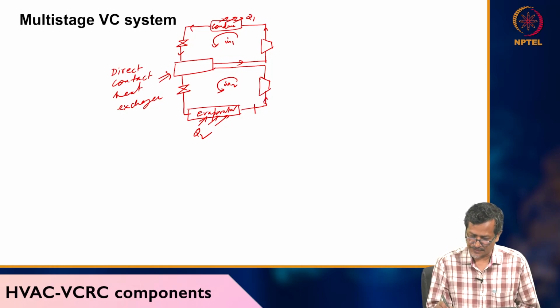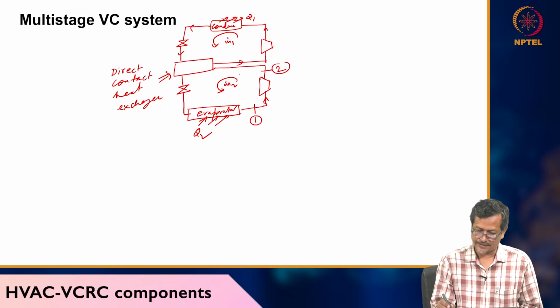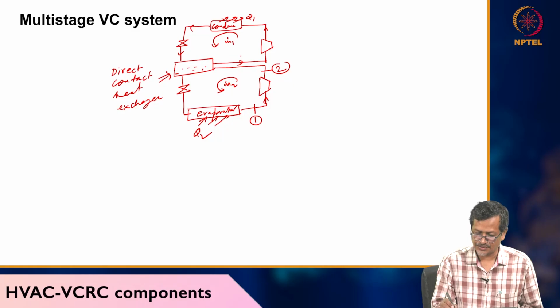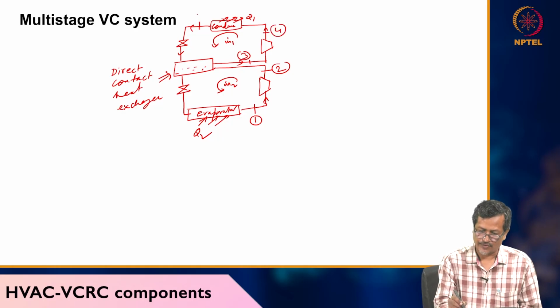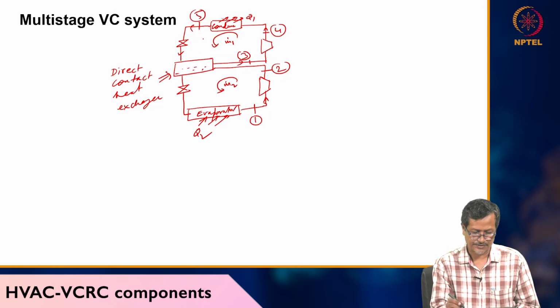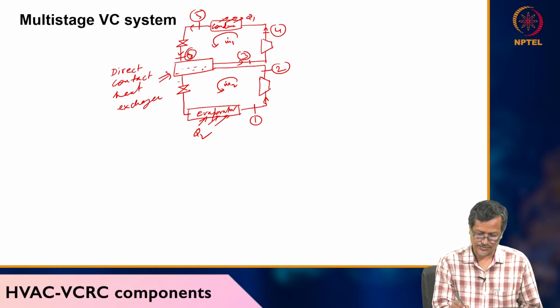Numbering: before compressor 1, here 1, after compressor 2, then it is going to the direct contact heat exchanger, it is going to 3, then 3 to 4 after compression, 4 to 5 it is going to the condenser, 5 to 6, 6 to 7, 7 to 8.